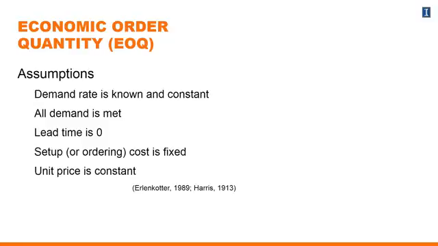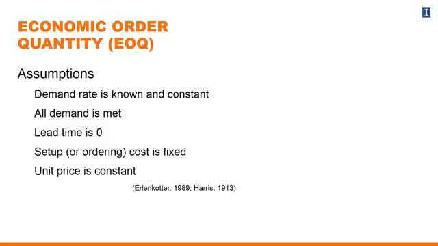We're assuming a lead time of 0 at this point, right? When we get to reorder point, we'll talk about incorporating lead time, but for the economic order quantity, we're assuming a lead time of 0. So there's instantaneous replenishment. You place an order and you get the quantity delivered to you right on that day, right? So you're never worried about running short.